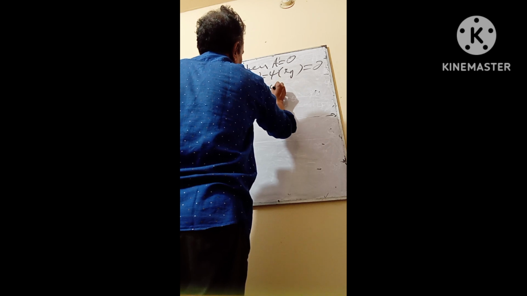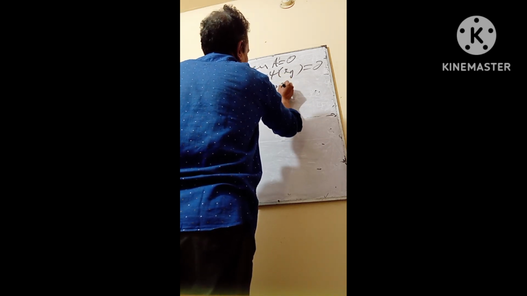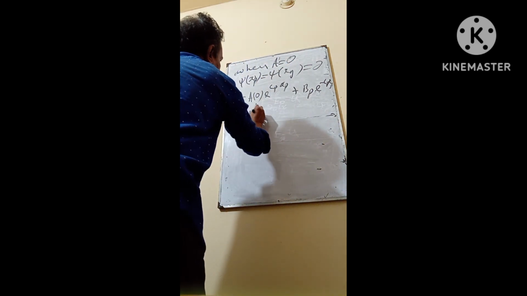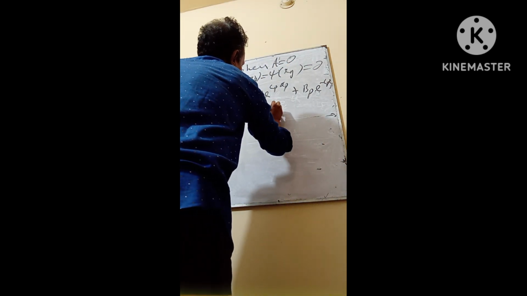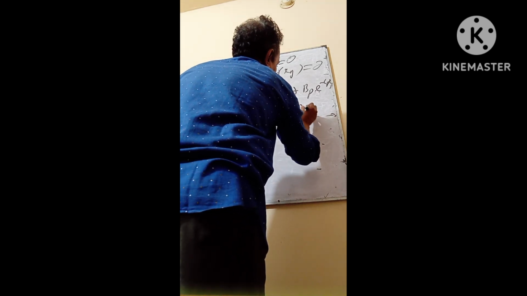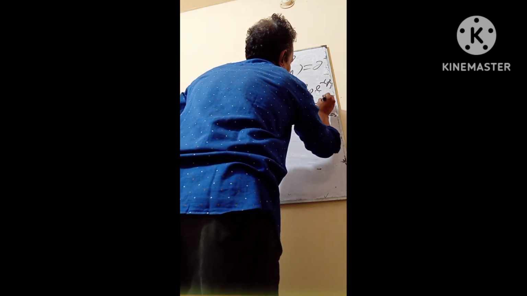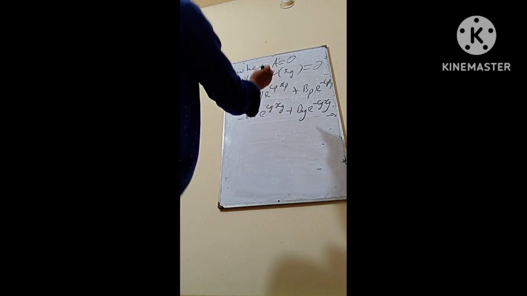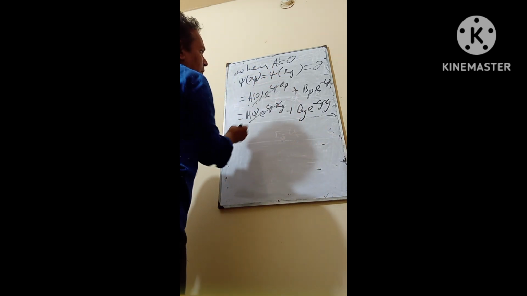So B_P e^(-c_P x_P) and B_Z e^(-c_Z x_Z). Combining the two equations, it is 0.